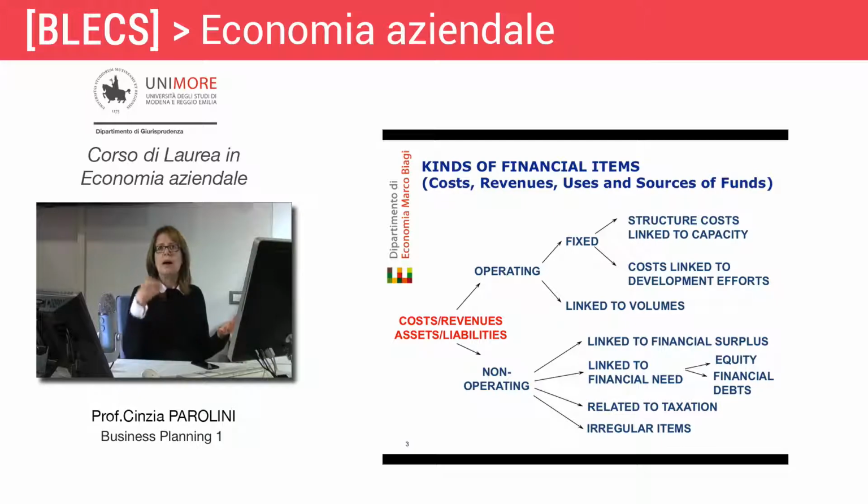The more bikes I sell, the more revenues I will have. Raw materials are linked to volumes. The more bikes I have to manufacture, the more raw materials I will have to buy. These items are therefore very flexible. They increase when we increase our revenues, and decrease when we decrease our revenues.